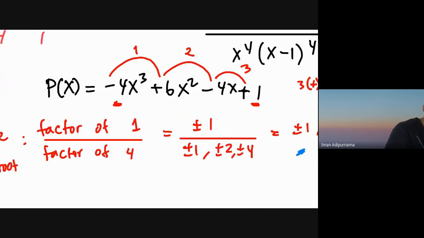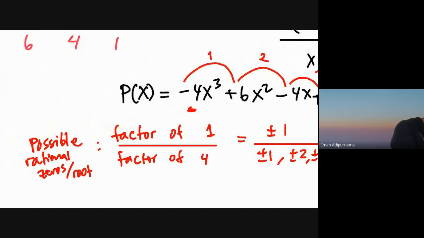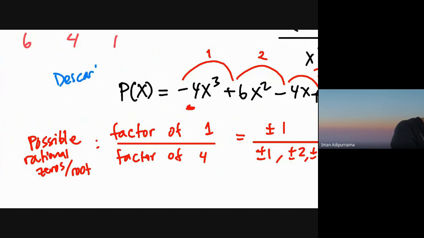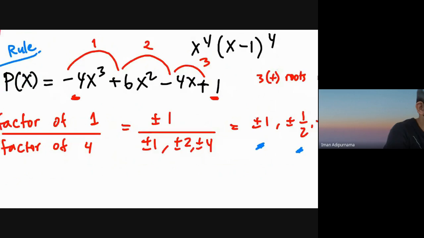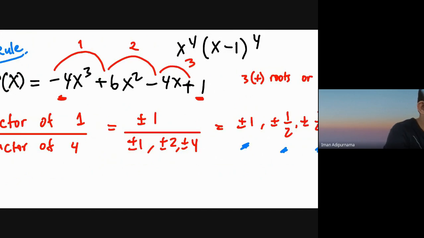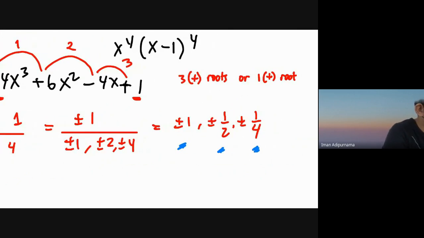How do I know this? This is called the Descartes rule to find the possible root from a polynomial with the integer coefficient. So 1, 2, 3. So this will be 3 roots, and you need to minus 2 or 1 root.